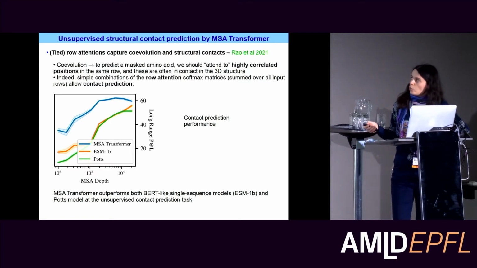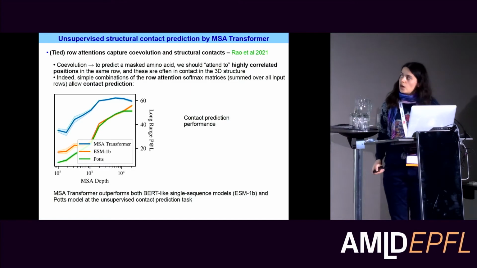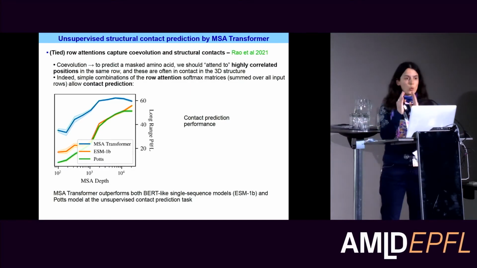And they compared the model, which is in blue here, to two other classes of model. ESM1B is a representative of the single sequence language models that I was telling you about before. And Potts models are models which look at the co-evolution of columns in the alignment.